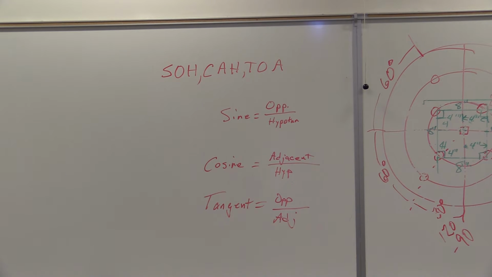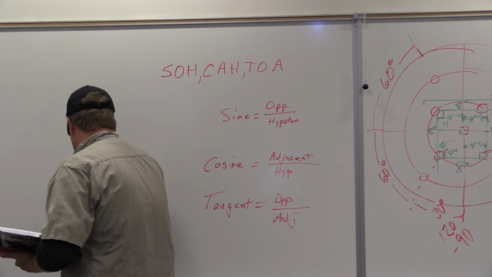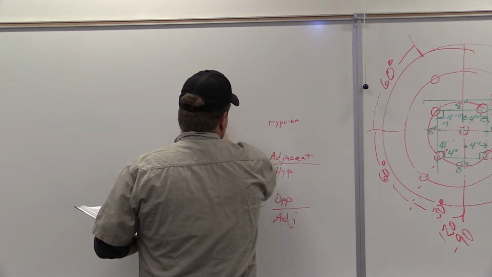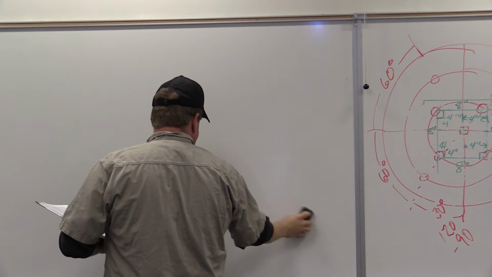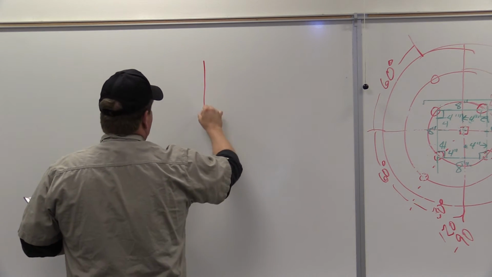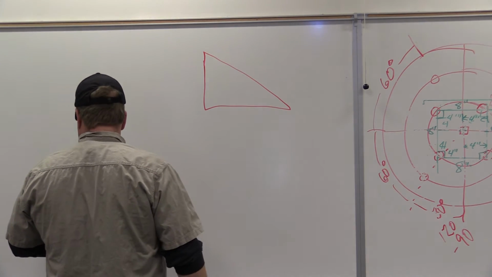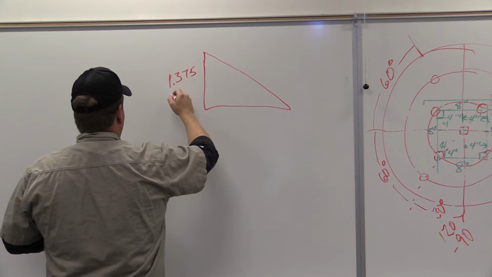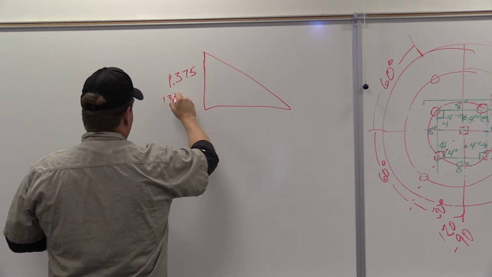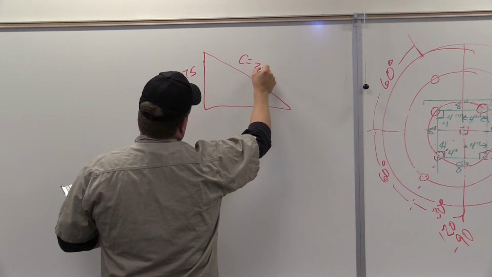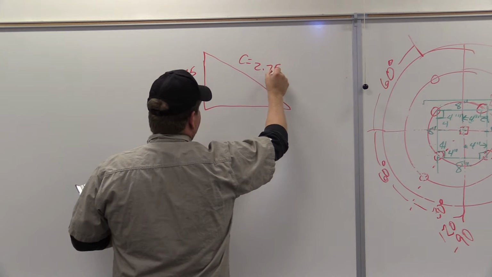So let's walk through a couple examples. There we are. Do example 1 on page 80. Okay. 1.375. Also 1 3/8. Okay. C is 2.75, so 2 3/4.